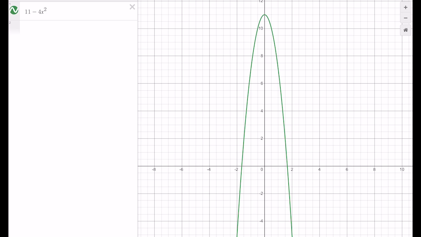Now my range is a different story. As you can see here, the parabola extends forever, further and further down to negative infinity. But it comes to a peak. It stops at where y equals 11. So that tells me that the range goes from negative infinity up to 11.